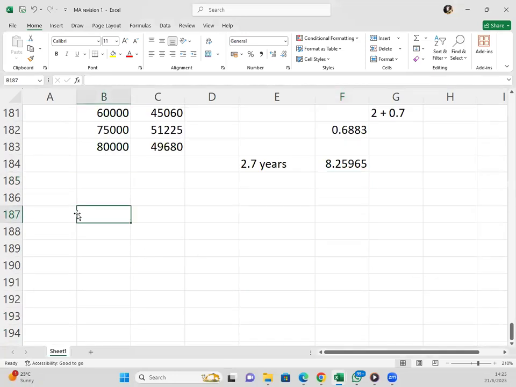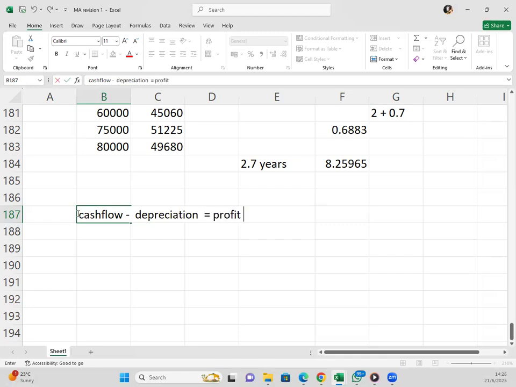The difference is that cash flow minus depreciation gives us profit. So if you are looking for profit, you say cash flow minus depreciation. But if you are given profit, you say profit plus depreciation. Profit plus depreciation is cash flow.